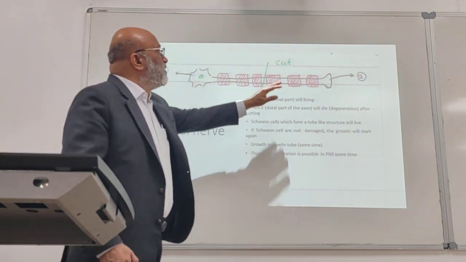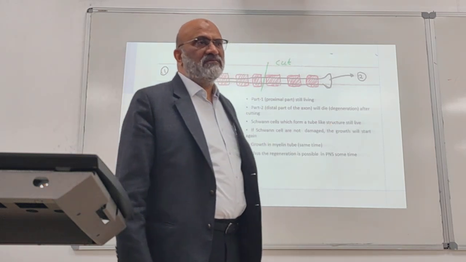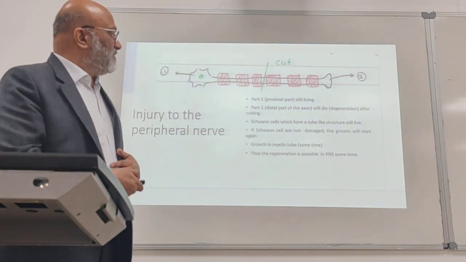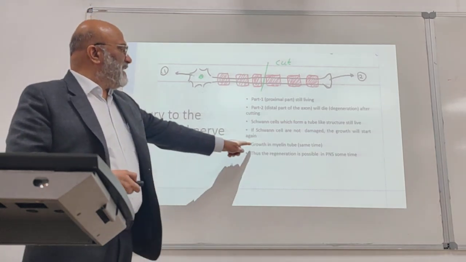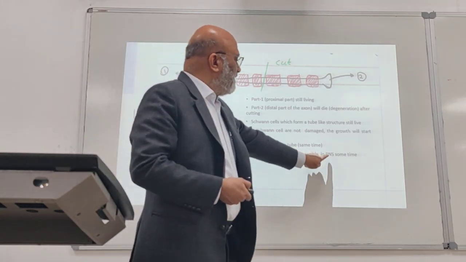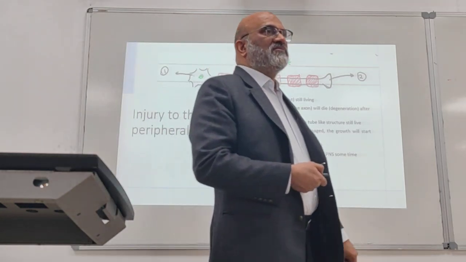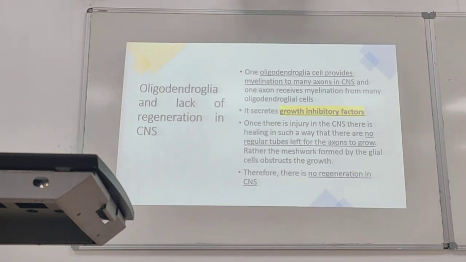But do you think that it will go to all the muscle fibers which it is supplying? That is why I said there is a very small chance that something will happen. So this is the growth in the myelin tube, and thus regeneration is possible in the peripheral nervous system, most importantly, sometimes, not always. This is the reason.